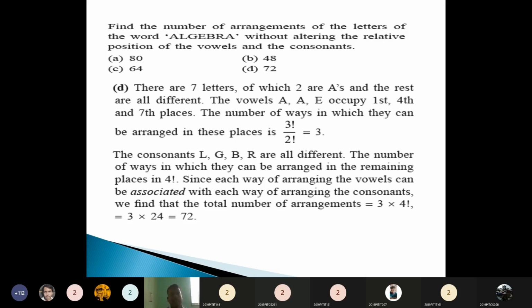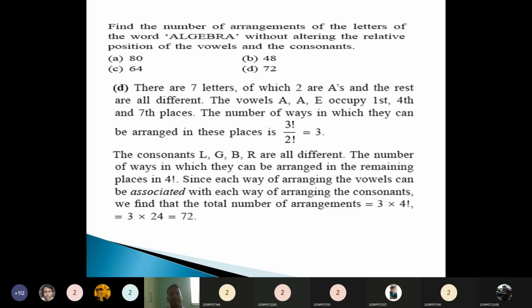Similarly for consonants. If you fix the vowels in those places, automatically the consonants' places are also fixed. There will not be any change in the relative position. So in that manner, we have to find the permutation. There are 7 letters. Without the condition, we could arrange them in 7 factorial ways.